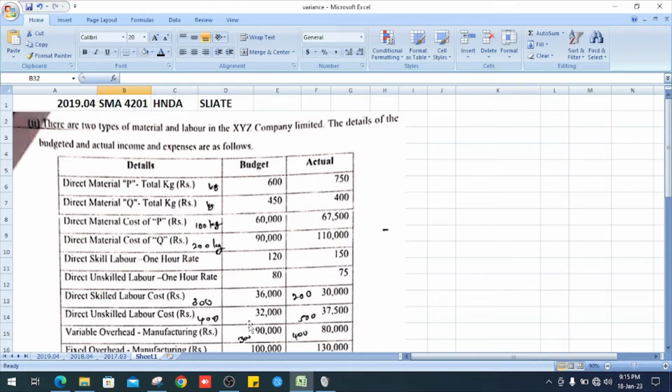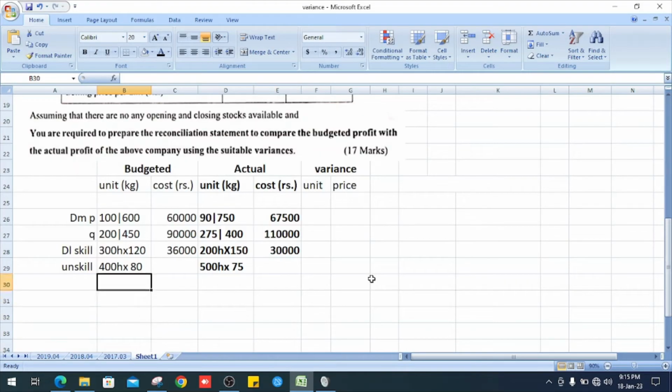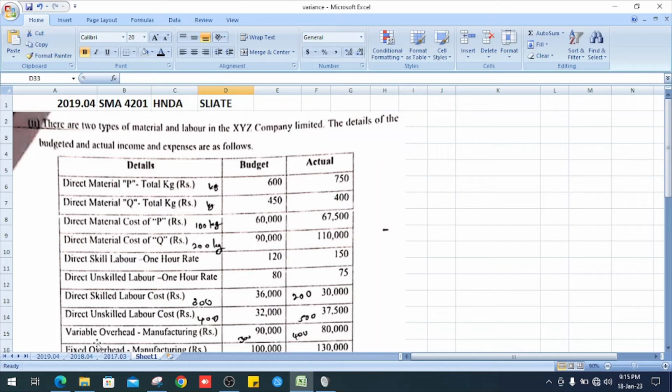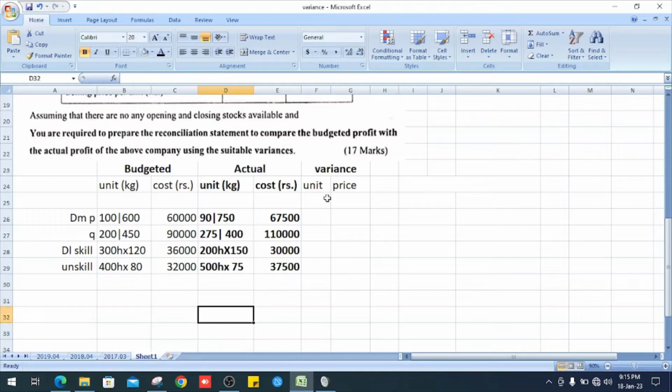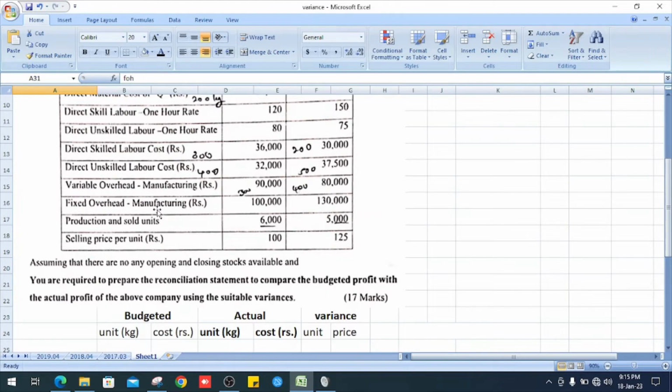Direct unskilled labor cost is 32,000 and 37,500. Variable overhead is 90,000 and 80,000. Fixed overhead is 100,000 and 130,000.